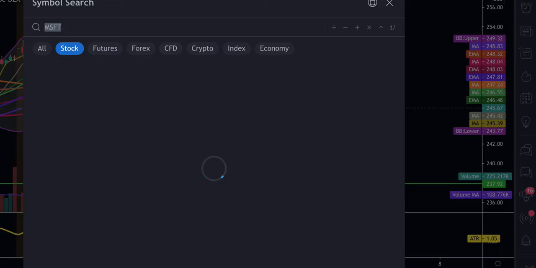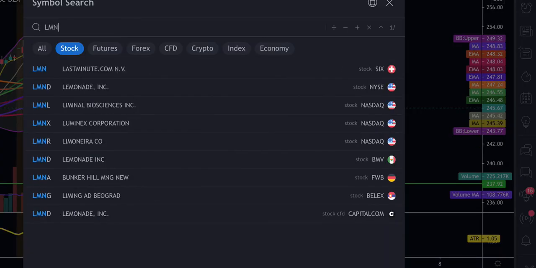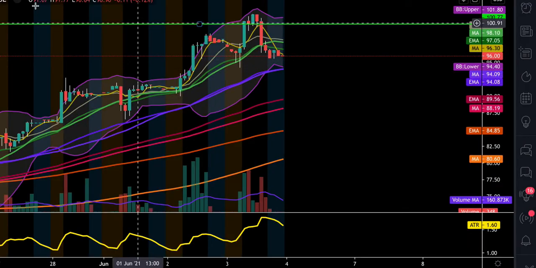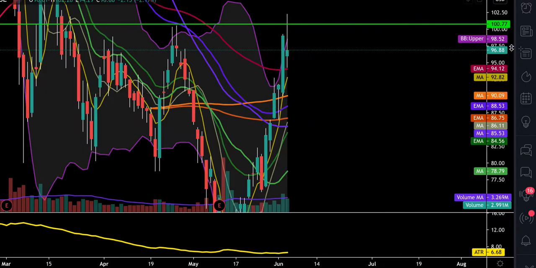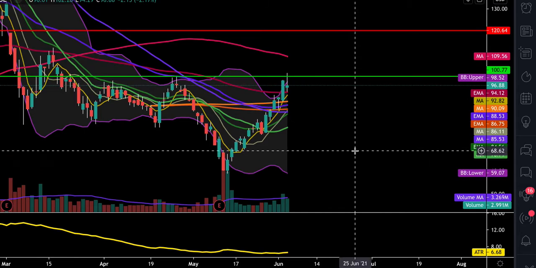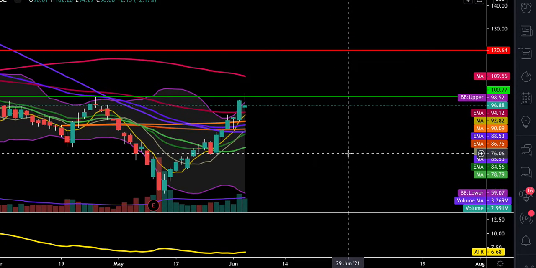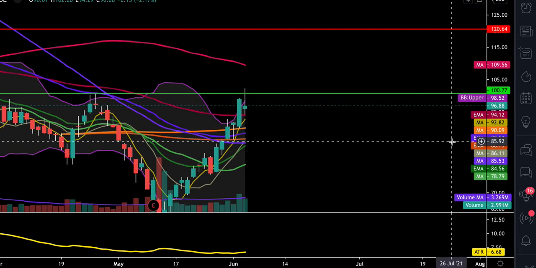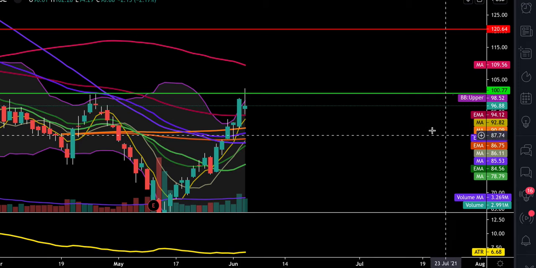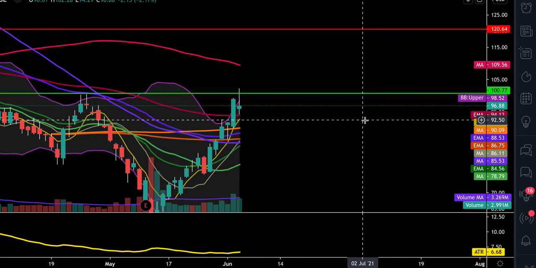Alright, when we're looking at a setup, I'm going to pull up this chart here on LMND, because this is a stock that we've been talking about recently, so it's fresh in our memories, and it's a perfect example. When we talk about the concept of supply and demand, we're talking about the theory that stocks trade within channels, right?